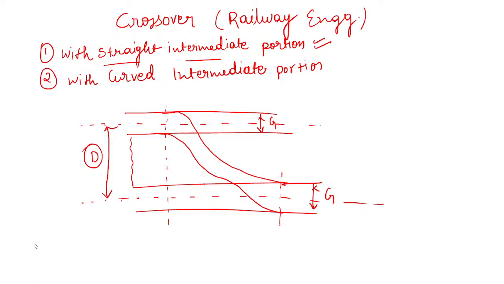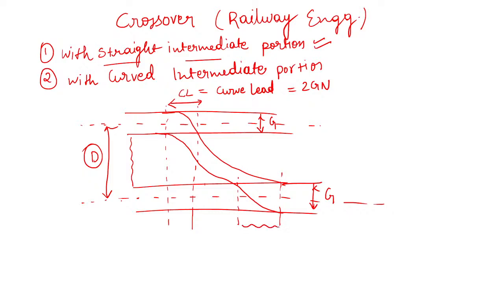You already know that this is called the curve lead, that is CL, whose formula you might have studied as 2GN, right?